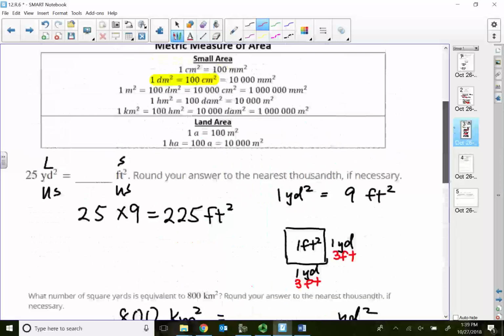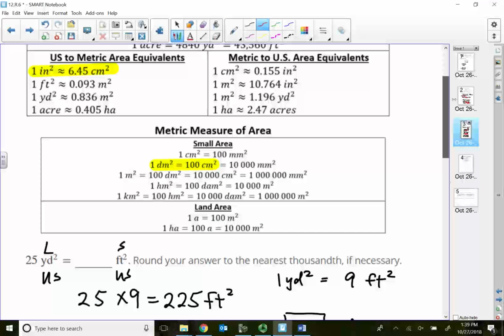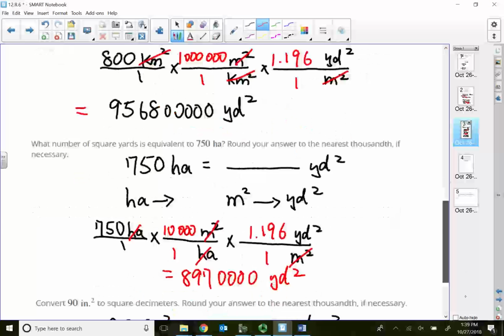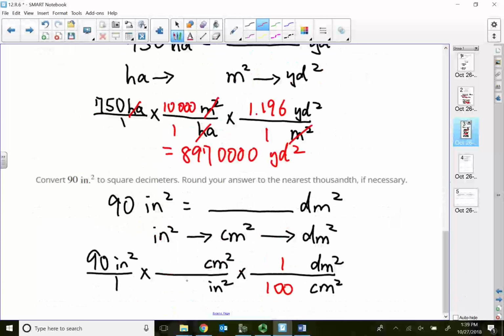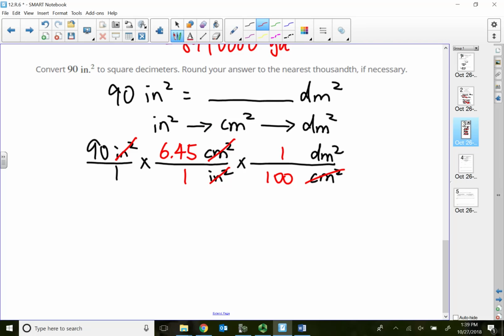Square inch and square centi, all right, 1 to 6.45. Square inch cancels out, square centi cancels out, so I just end up with square deci.